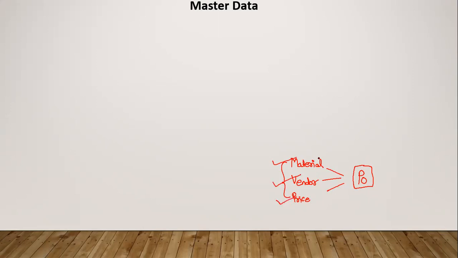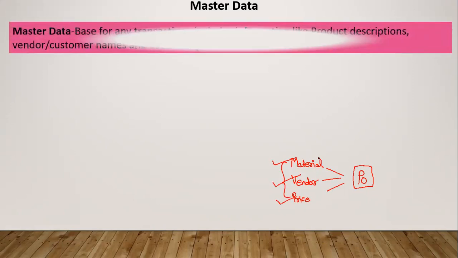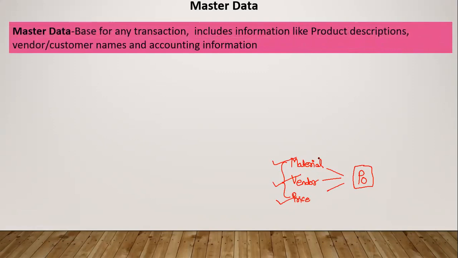So we will see the different types of master data used in material management. Master data is the base for any transaction, which includes information like product description, vendor information, customer name, and accounting information. Master data is any information considered to play a key role in the core operation of business.